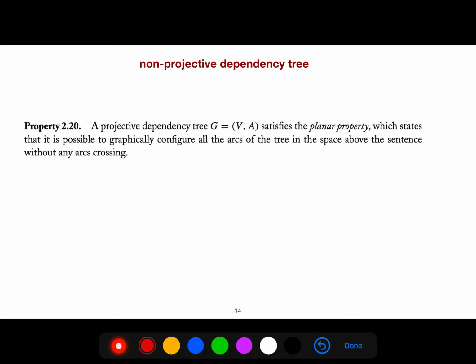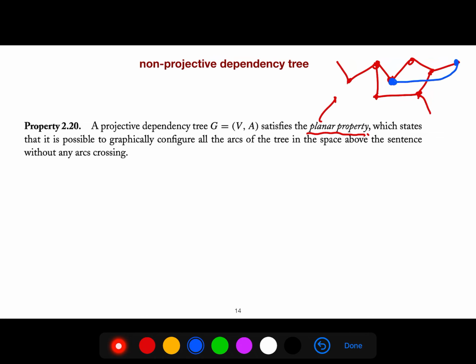A projective dependency tree satisfies the planar property. It's a planar graph. You see, I cannot cross these edges. For example, I cannot cross this one to another node.